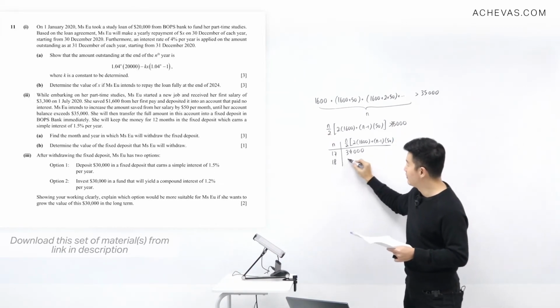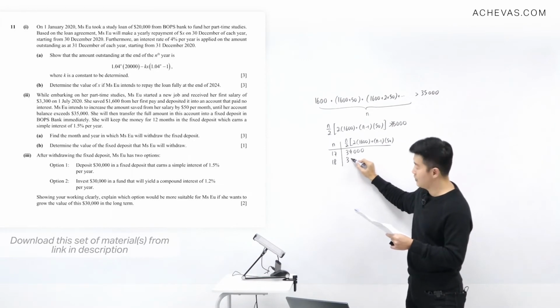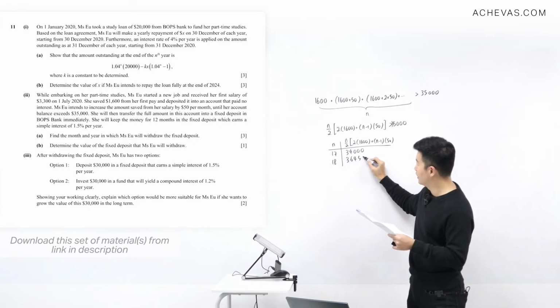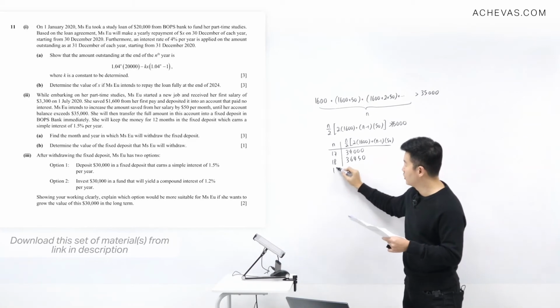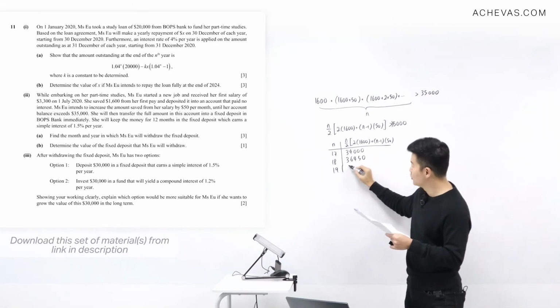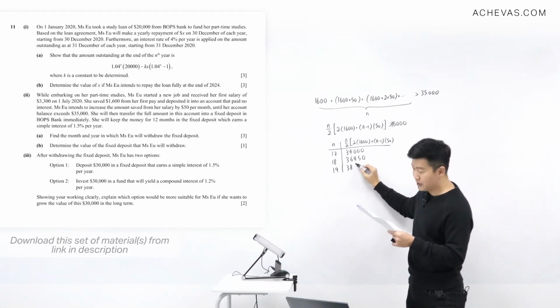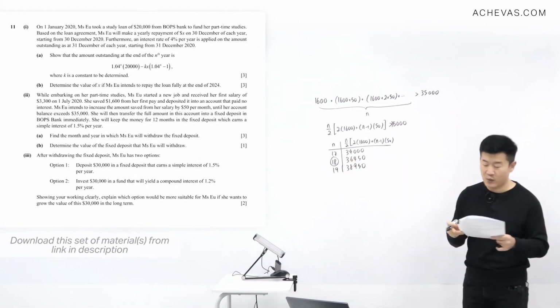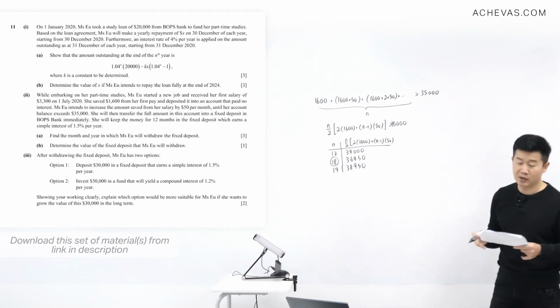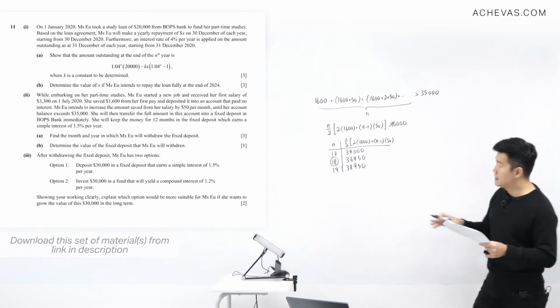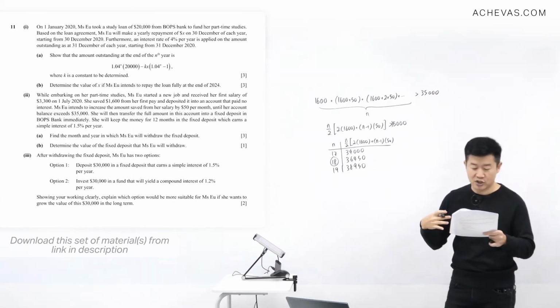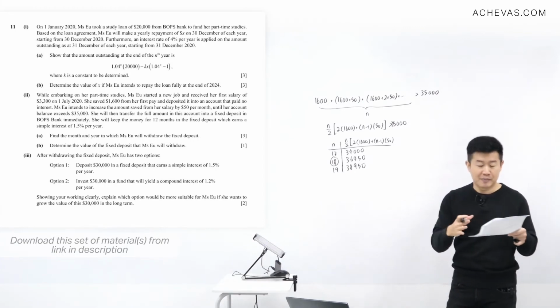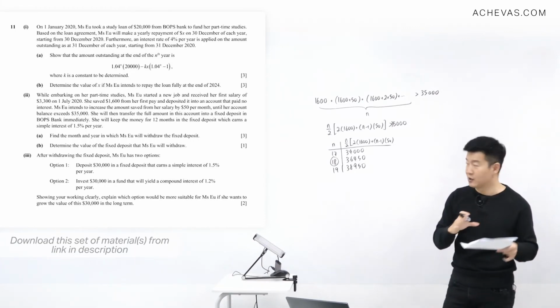During the 18th month, she will be saving 36,450. And on the 19th month, if she were to continue, she would have saved this amount, which means that on the 18th month her savings is going to be more than 35,000, so on the 18th month she's going to be transferring the money to the fixed deposit account.